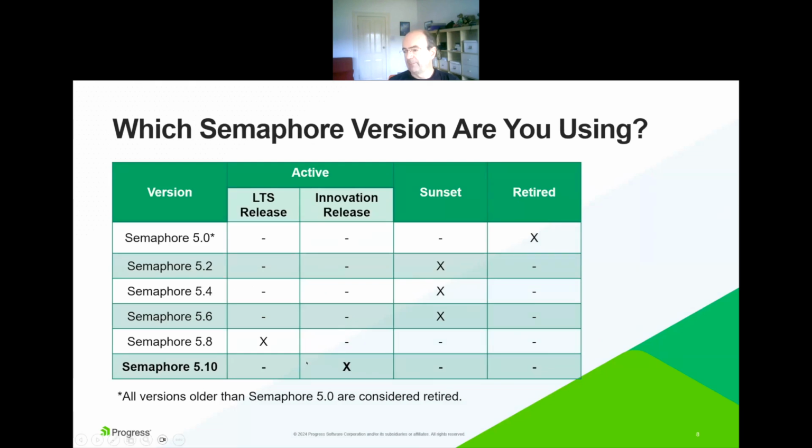So just a recap on the difference between a long-term support release and an innovation release. We will fully support Semaphore 5.8, provide bug fixes and vulnerability fixes for Semaphore 5.8. For 5.10, which is an innovation release, we do not actually guarantee that the functionality will stay as it is going forward.